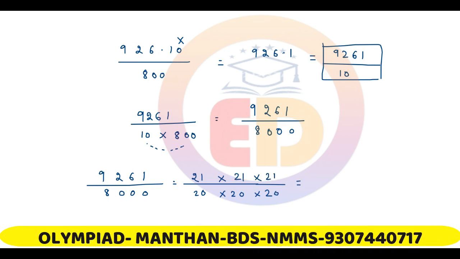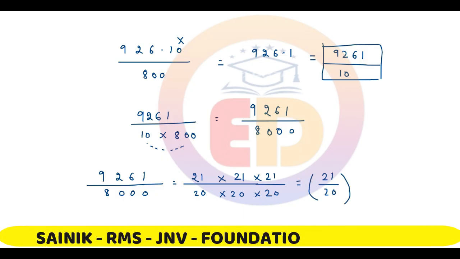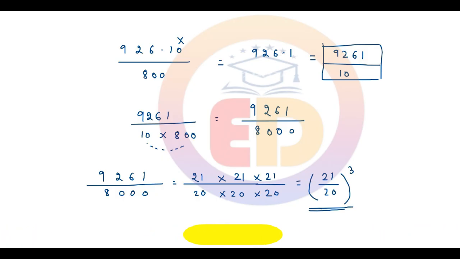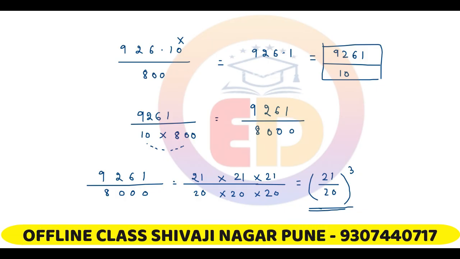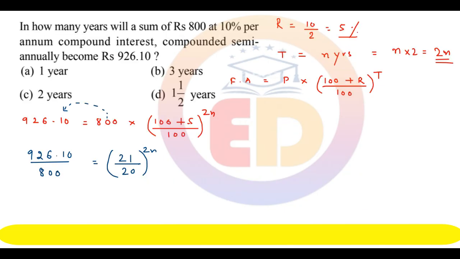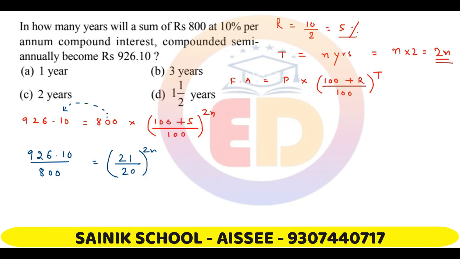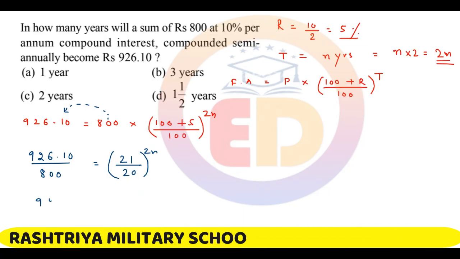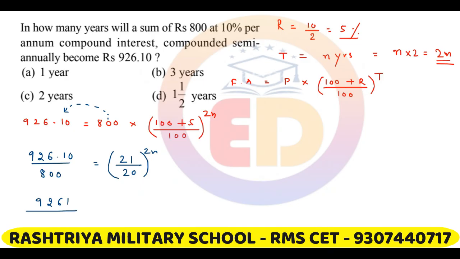So we can write it as 21 upon 20 whole cube. So this is how the question will unfold. Now why I have done that is a very important point. Let's go back now. Since we have got the value of 926.10 upon 800, it becomes 9261 upon 8000.